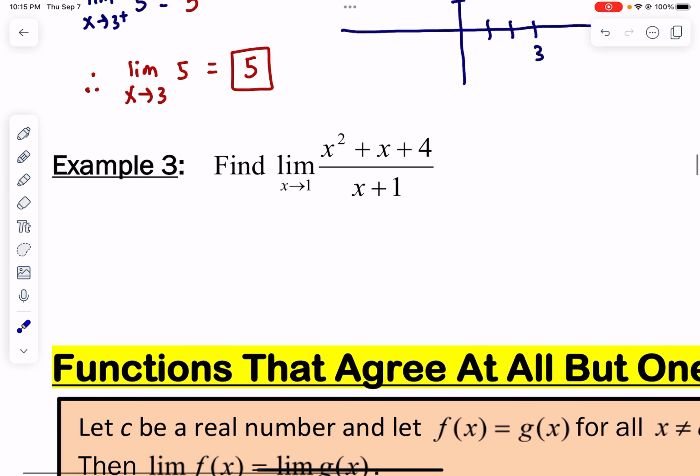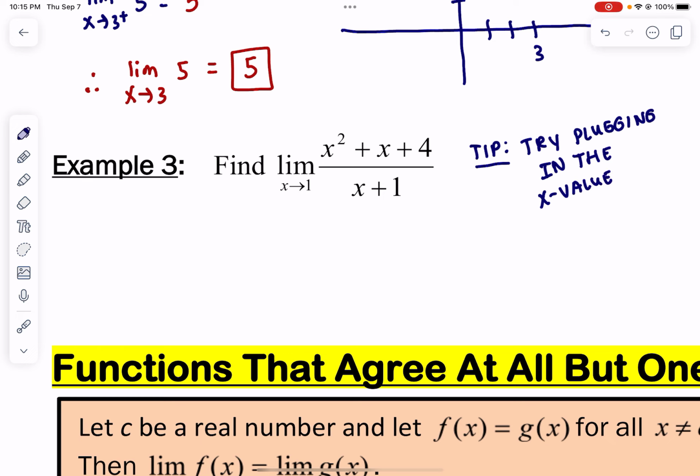So my biggest tip here for you is just try plugging in the x value that you are approaching.